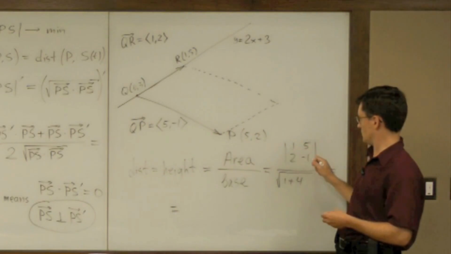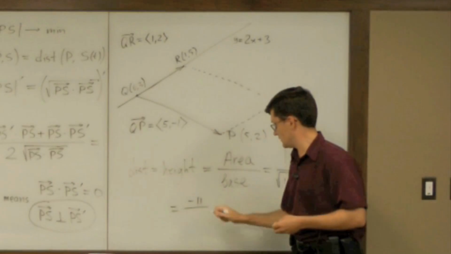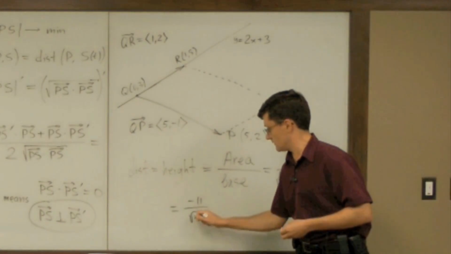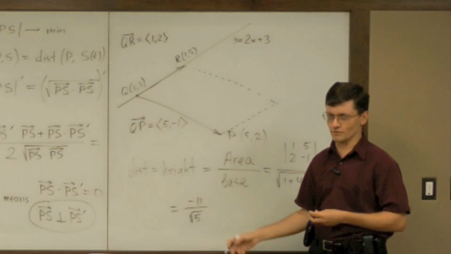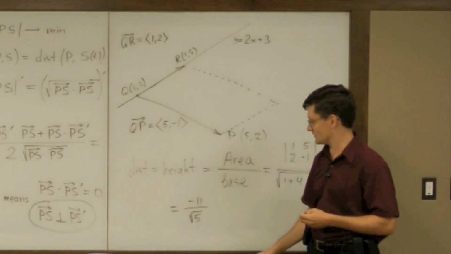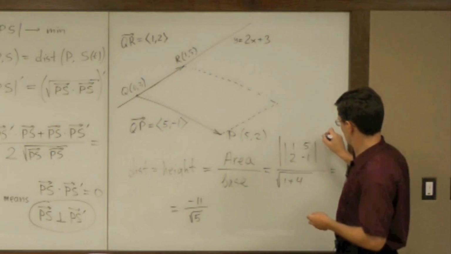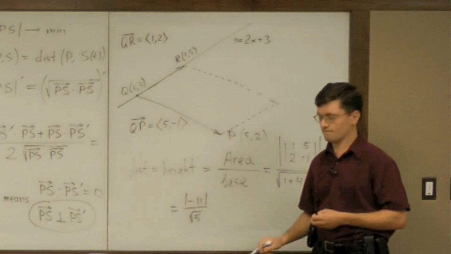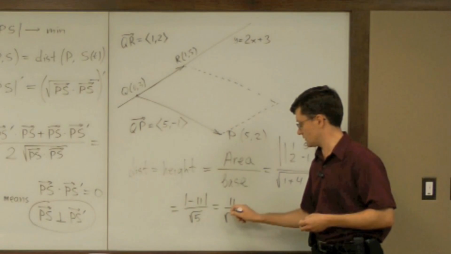And that is finally minus 1 minus 10, minus 11, divided by square root of 5. And of course, we better treat distance as positive number. We usually do. So instead of the determinant, we'll probably take absolute value of that number, which will give us 11 over square root of 5.